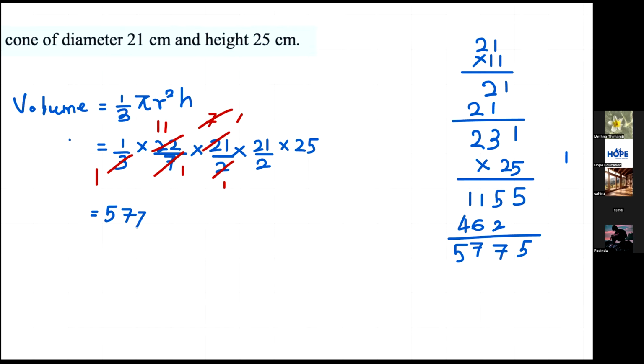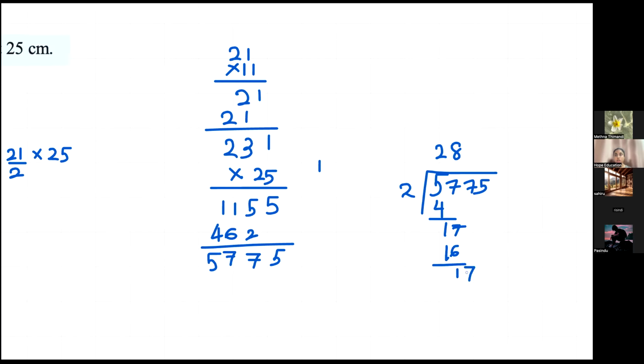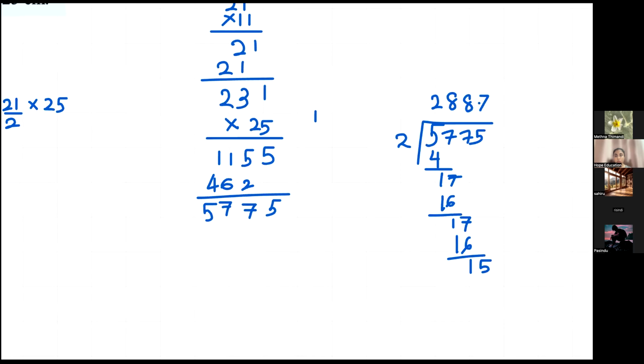In the denominator, we have 2. So we have to divide this by 2. So 5,775 divided by 2. 2 times 2 is 4. 1 remaining, 17. 2 times 8 is 16. 1 remaining, 7 and 1. So we have 17. 2 times 8 is 16. 1 remaining, 15. 2 times 7 is 14. 1 remaining.